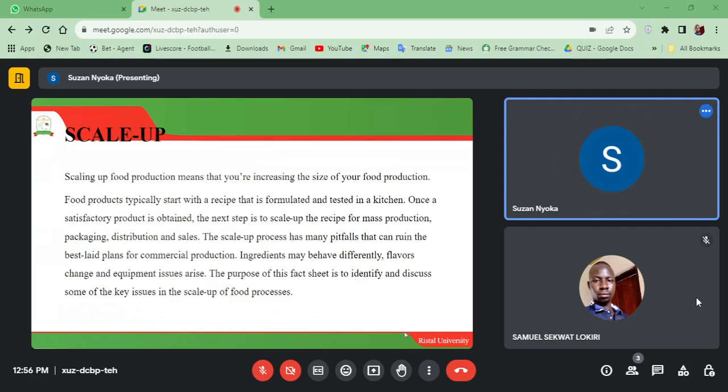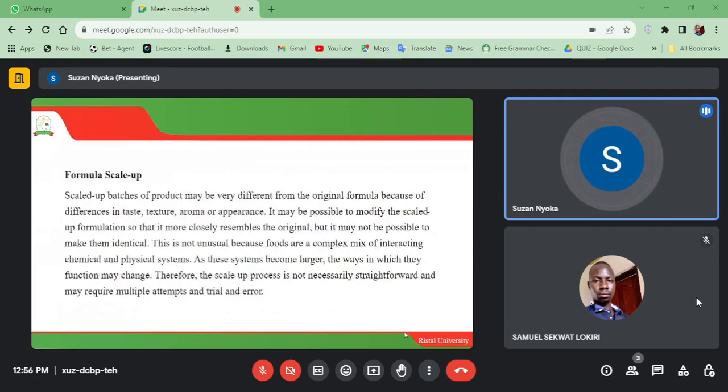The formula of scale-up batches of products may be very different from the original formula because of differences in taste, textures, aromas, or appearance. It may be possible to modify the scaled-up formulation so that it more closely resembles the original, but it may not be possible to make them identical.